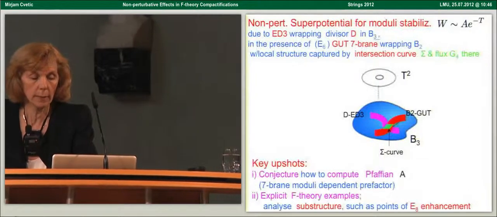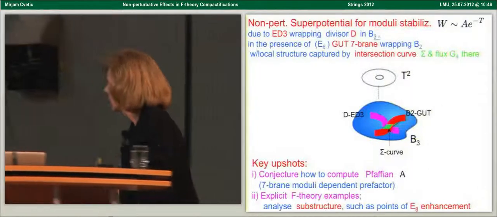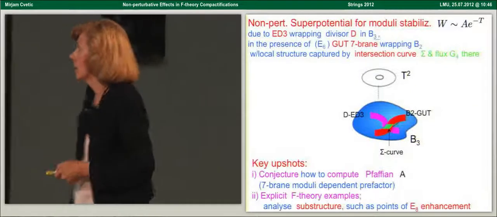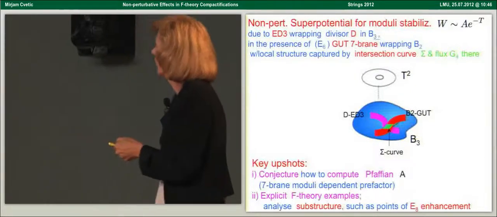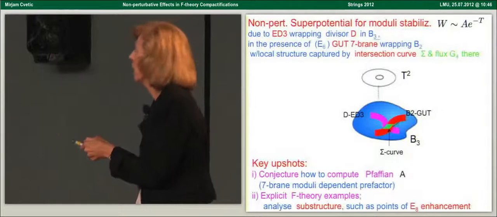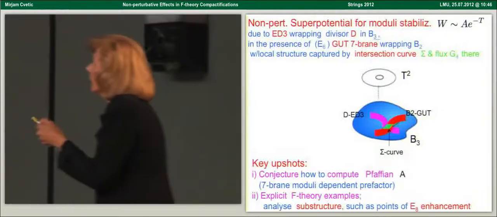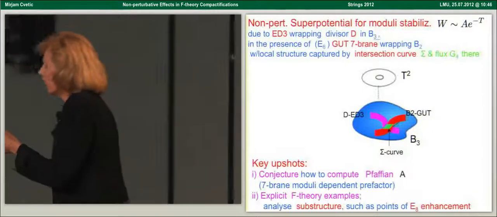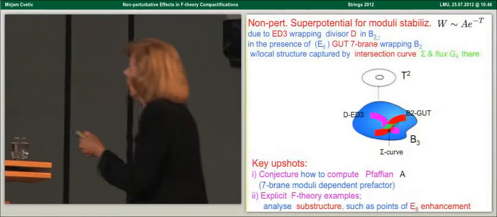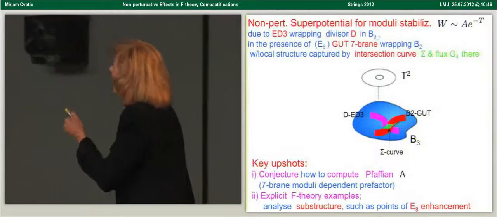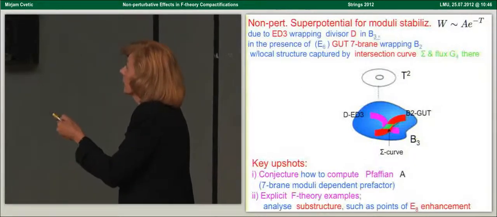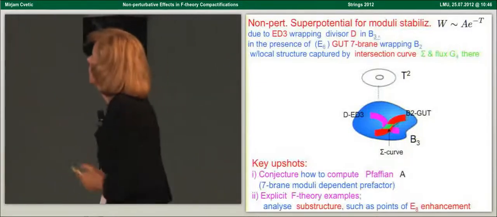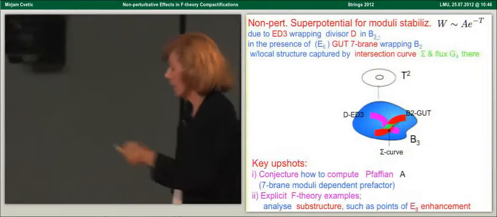So let me highlight the results and then go to some more detailed technical discussions, as well as a description of models or concrete examples. The key upshot of this approach is that we arrived at a conjecture for how to compute the Pfaffian A in the presence of such a GUT brane and the Euclidean D3 brane.